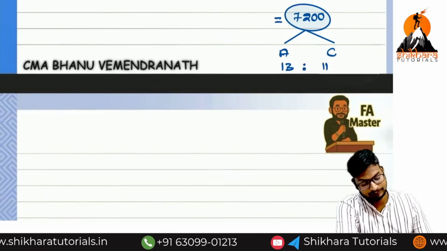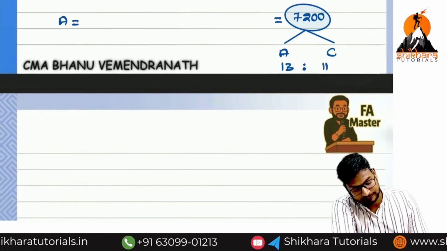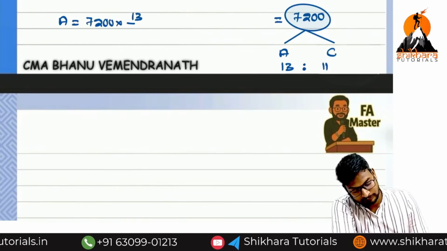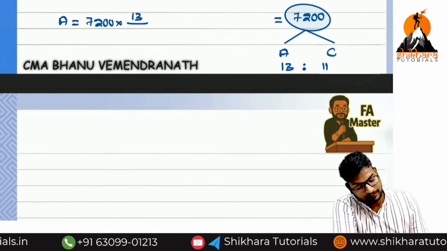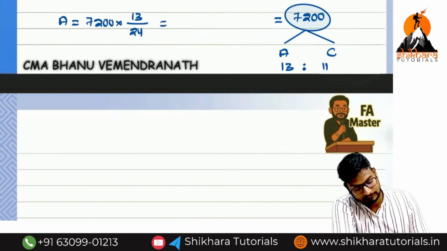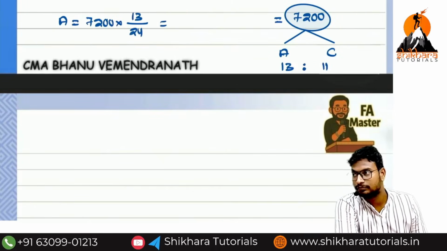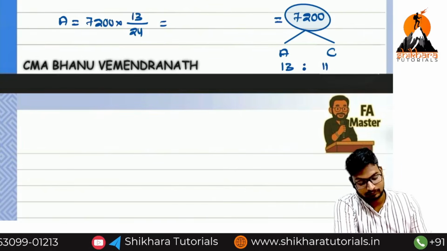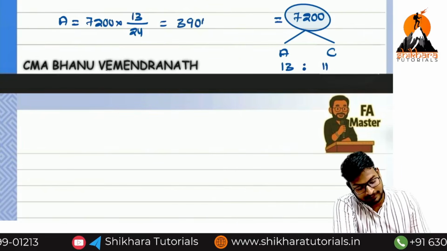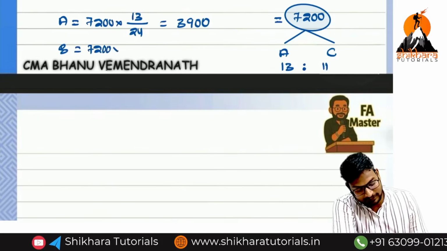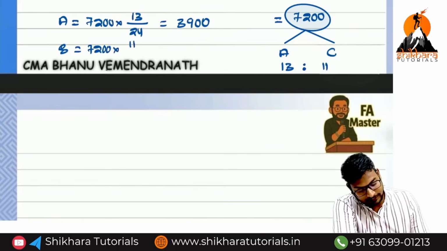For A, how much, Amma? 13 by 24. 7,200 into 13 by 24. For C, 7,200 into 11 by 24.